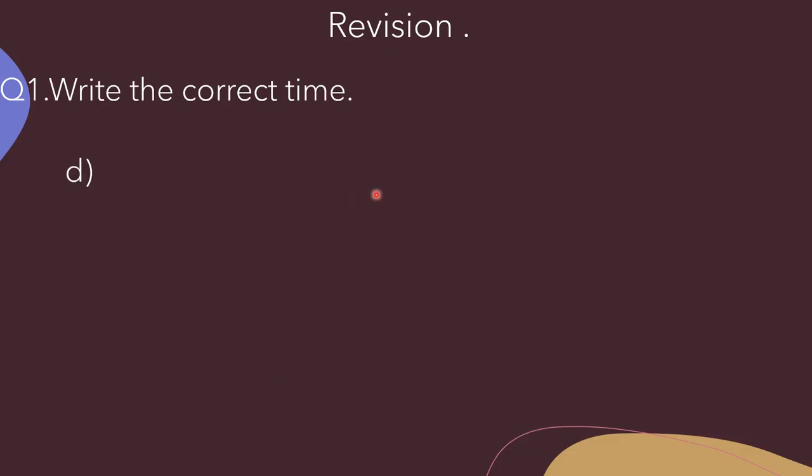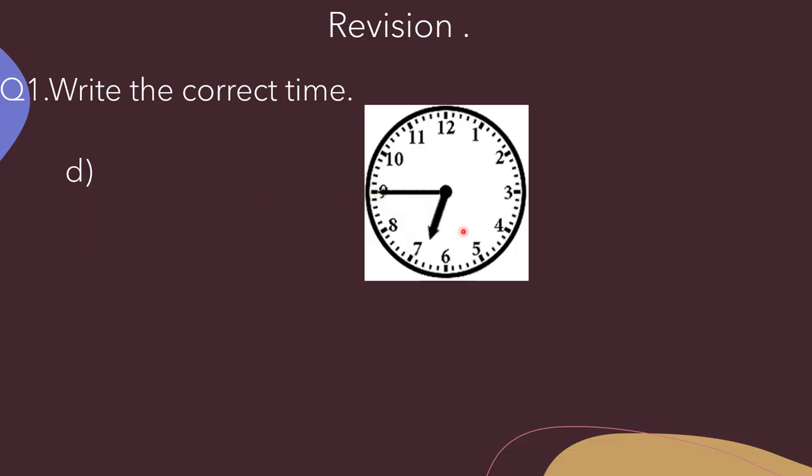Now in D part, here again we have a clock and you can see that our minute hand is at 9. Whenever the minute hand is at 9, how can we read the time? Quarter to. And the hour hand is between 6 and 7 but slightly near 7. So how can we read this time? Quarter to 7.